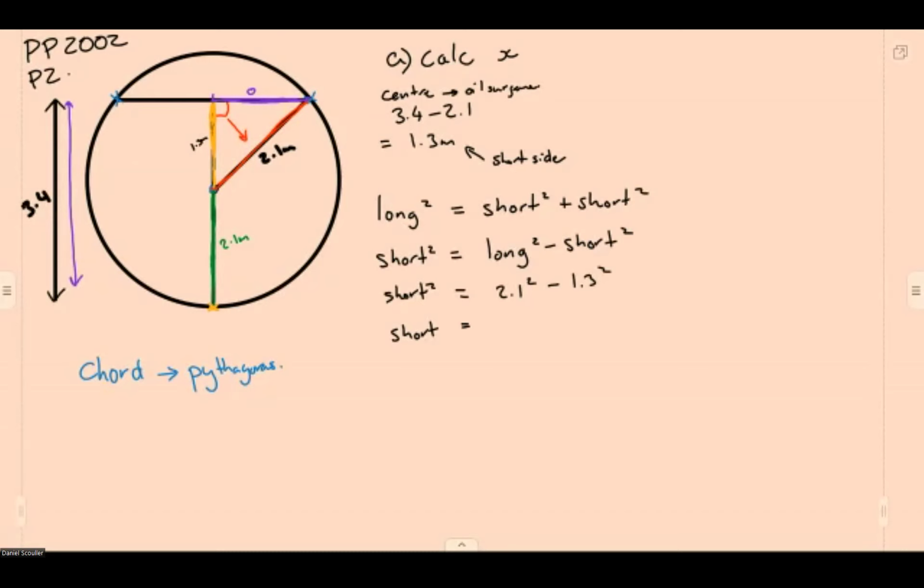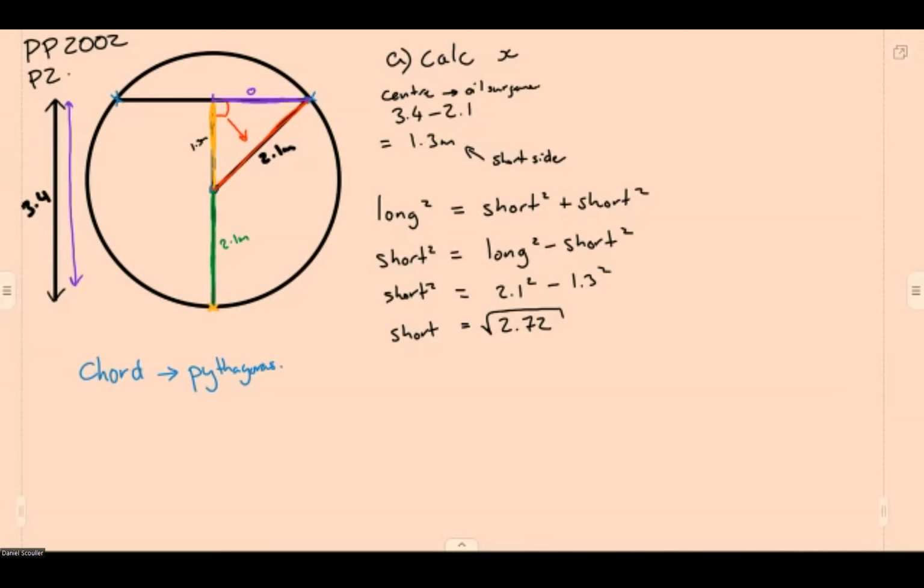On your calculator, 2.1 squared minus 1.3 squared gives you 2.72. Just the short side, so we can move the squared sign, the index, over to the other side and it becomes the square root.